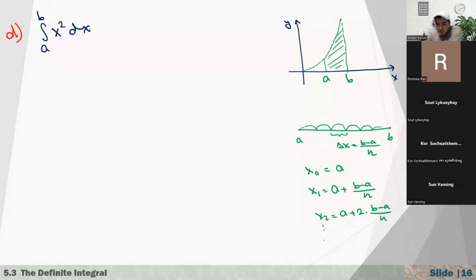And in general, x sub k is equal to a plus k times (b minus a) over n. The second thing you have to know here is the value of f, that is f of x sub k. So now we need to find our Riemann sum.